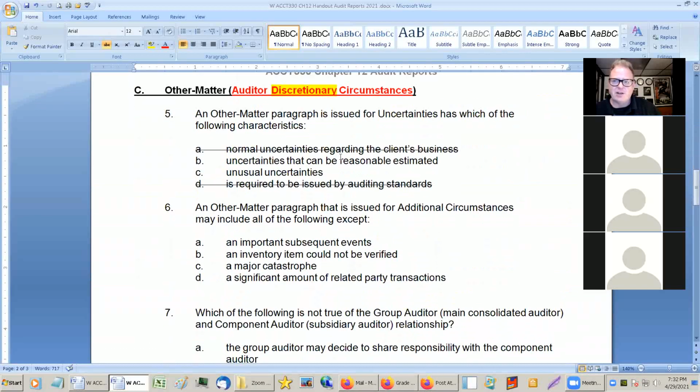These down here are discretionary, up to the auditor. So between B and C, which one would most likely be an other matter? Oh, come on, get that coin out. It's B or C.